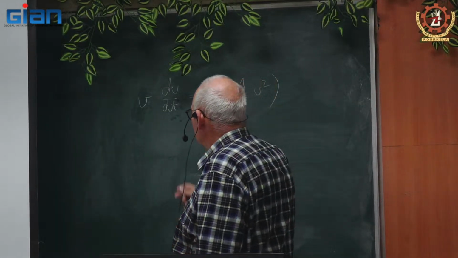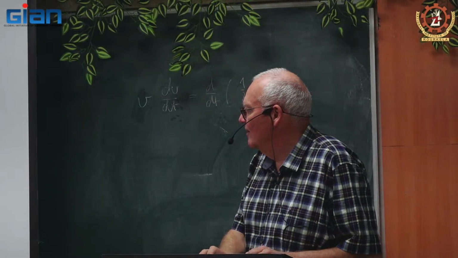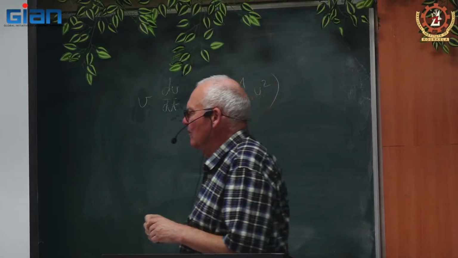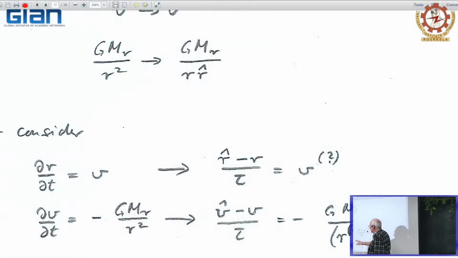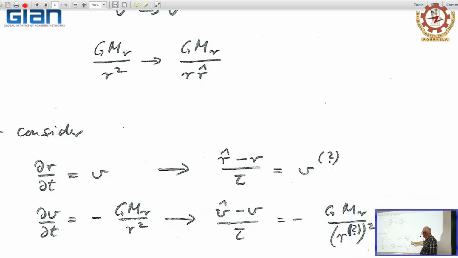Let's consider dr by dt, the derivative of the radius with respect to time, which is the velocity. The definition of the time derivative is r hat minus r, the radius vector at the new time step minus the radius vector of the old time step, divided by the time step, and this is given by the velocity.